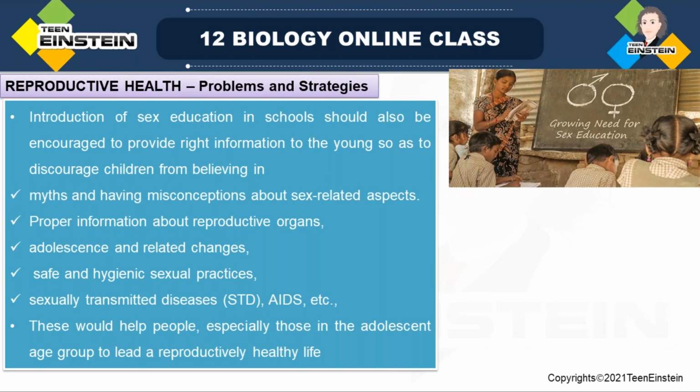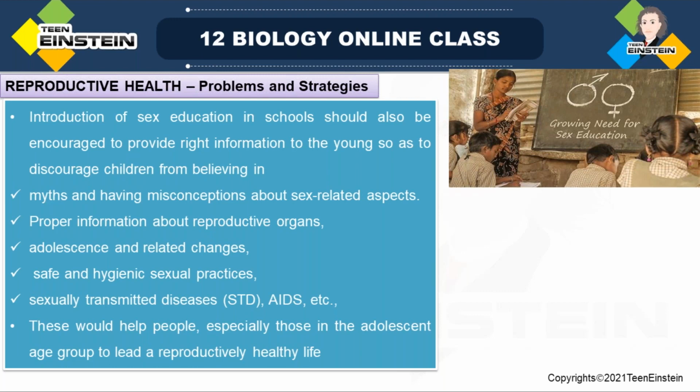Then safe and hygienic sexual practices. We should tell about safe and hygienic sexual practices, then sexually transmitted diseases like AIDS and all. We should teach all these things, and give good and thorough knowledge about all these aspects.